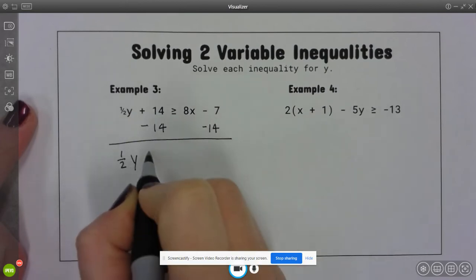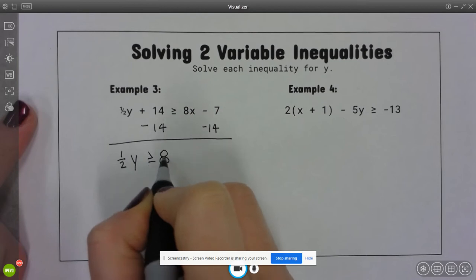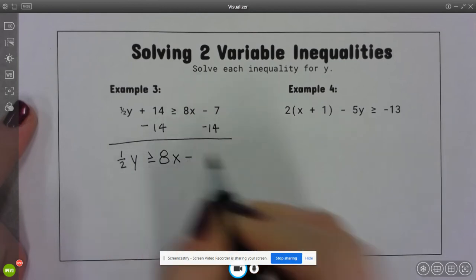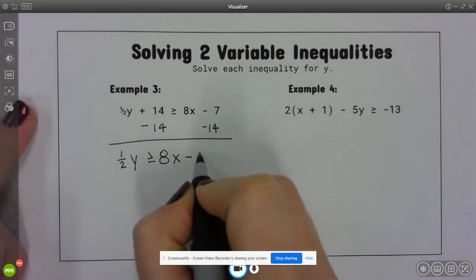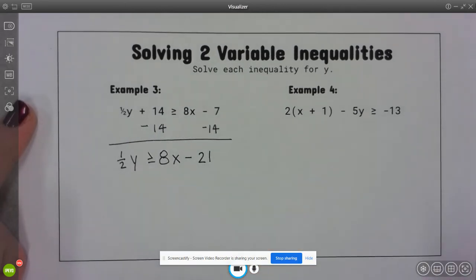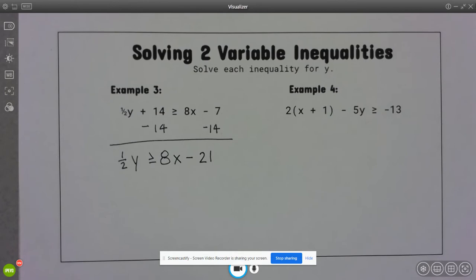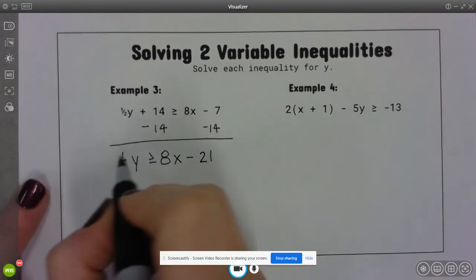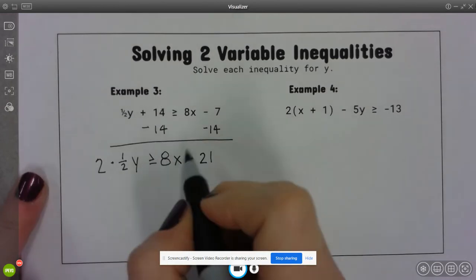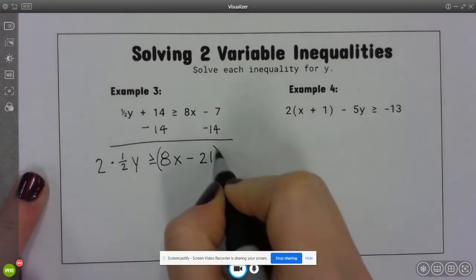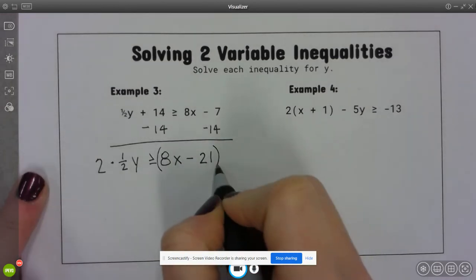So I'll have 1/2 y is greater than or equal to 8x minus 14 and 7 combined. It's going to give me negative 21. And now I have to multiply every term by 2.